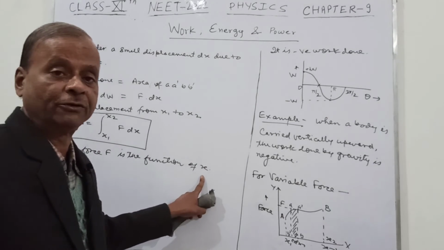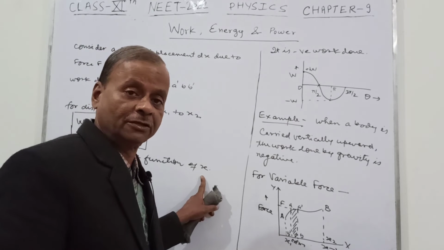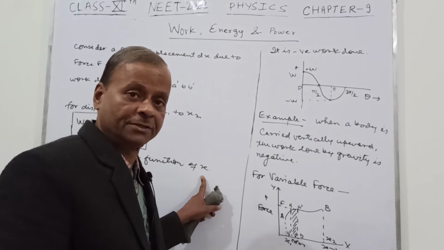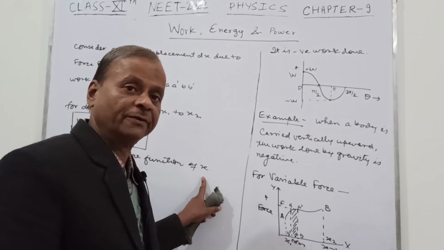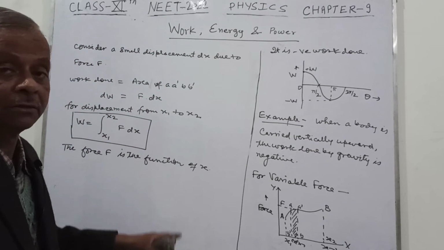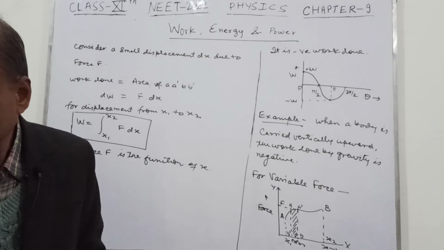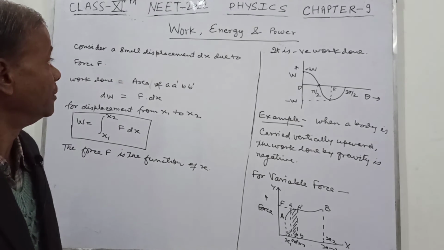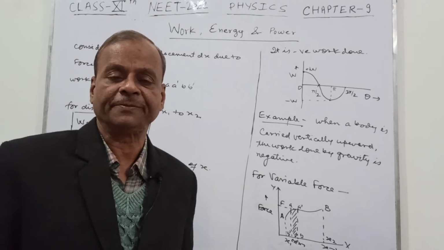Suppose you are given F equal to 3x, or 3x square, or 4x, like this, then you just integrate it and find the work done. So this is about the work done in this chapter.